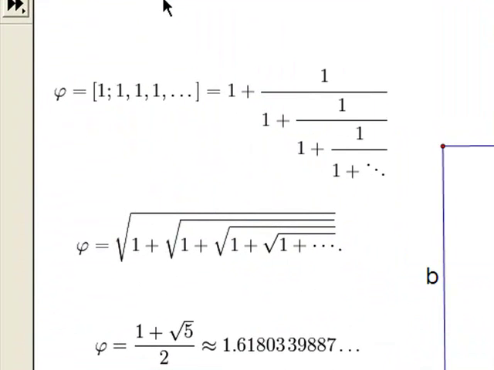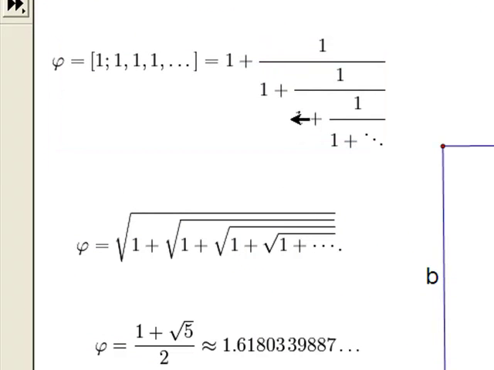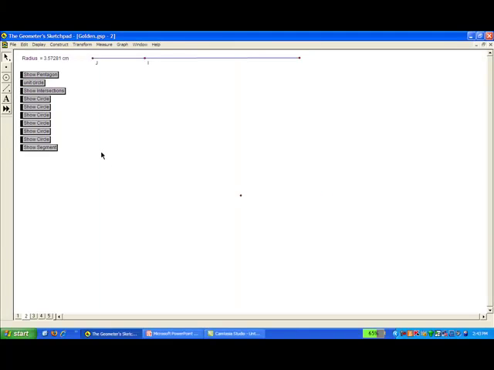We find that the golden ratio can be written in this form here as a continuous fraction, or we could write it in this form here as a continued square root, both of which reduce to 1 plus the square root of 5 over 2, or approximately 1.618. Now, the golden ratio is found all over the place in geometry, art, architecture, and nature.